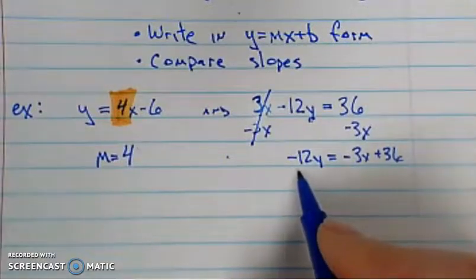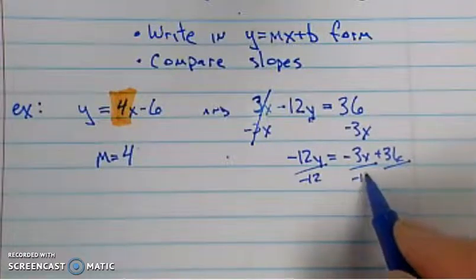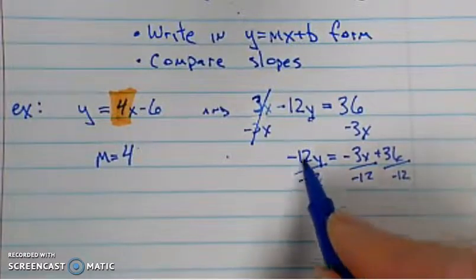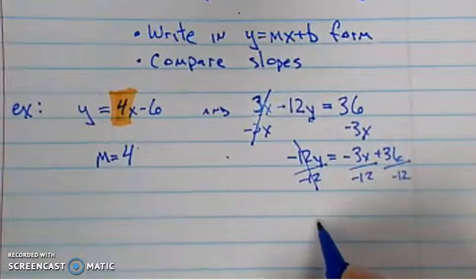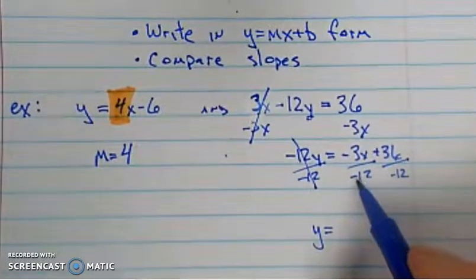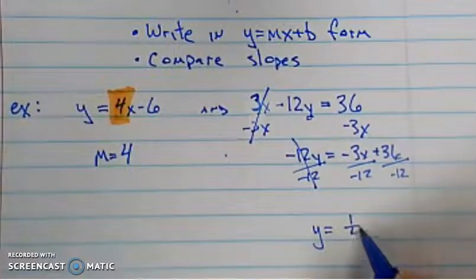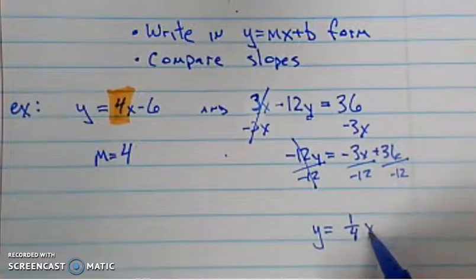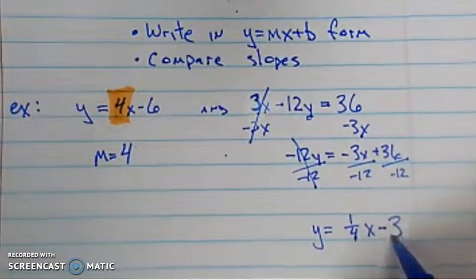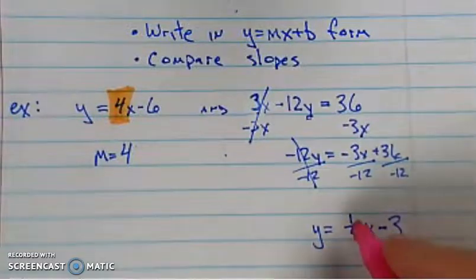And then I can divide everything by negative 12. That becomes a 1, and I'm left with y equals negative 3 over 12, which is positive 1/4 x minus 3.